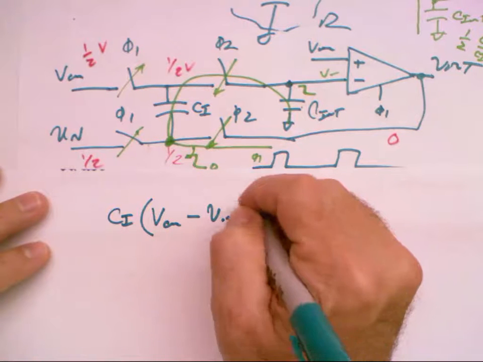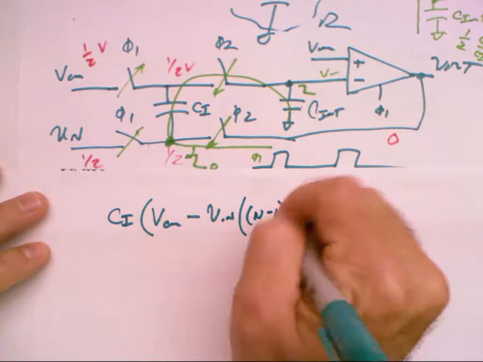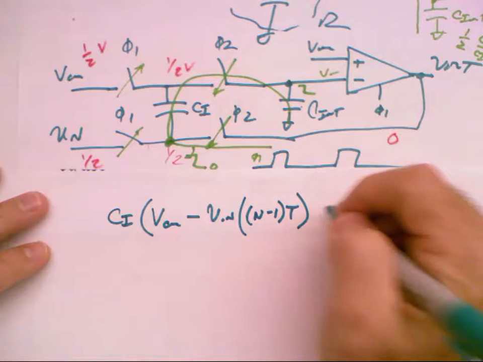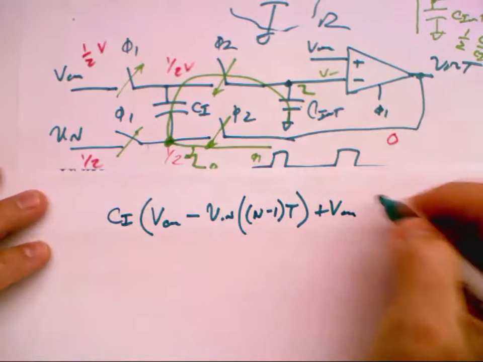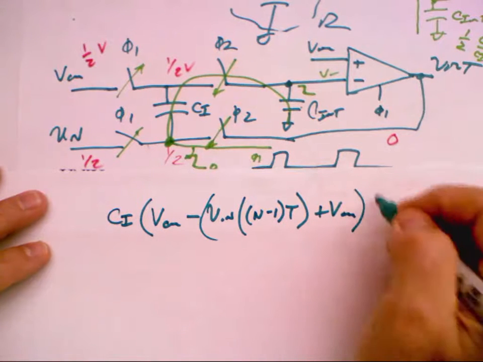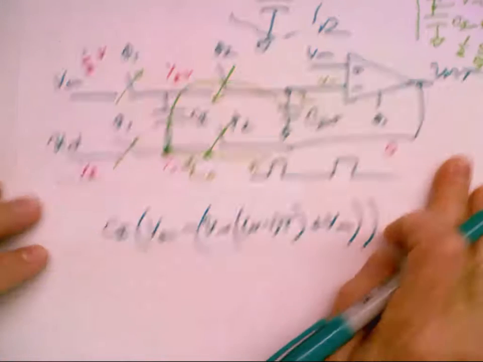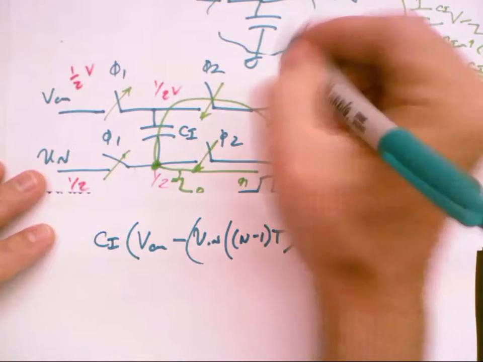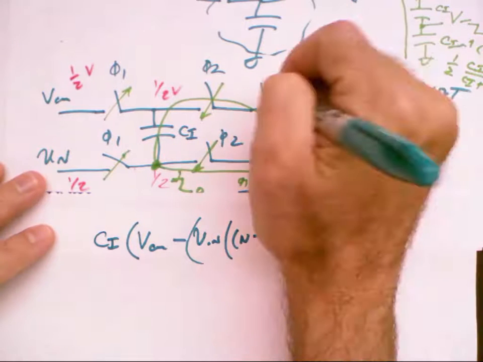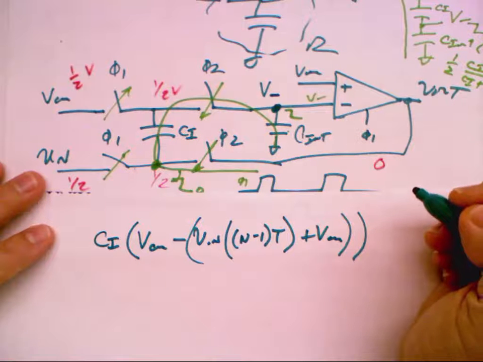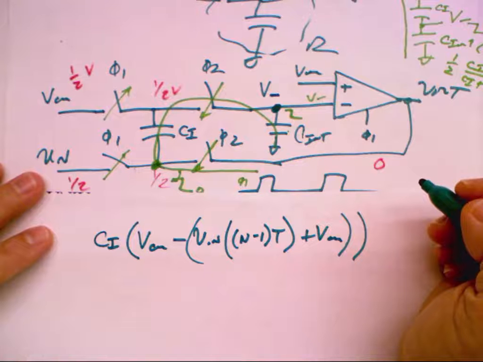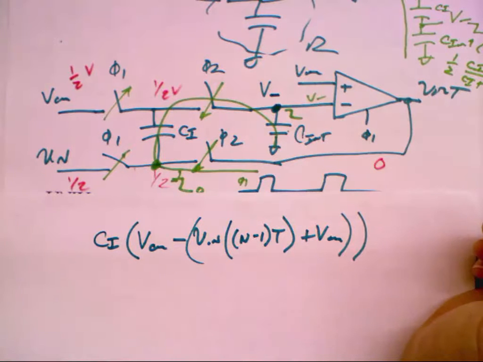So I'm going to write it as n minus 1 times T plus V common mode. And then at that time, I'm going to call this node here V minus. Does anything change on that V minus at that time? Well, let's assume that it's constant, and then we'll discuss that because it's not constant, we just said, okay?